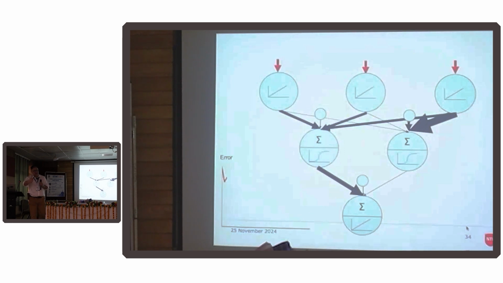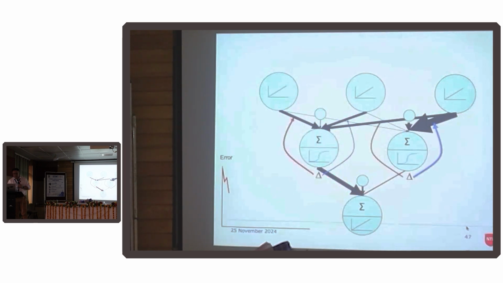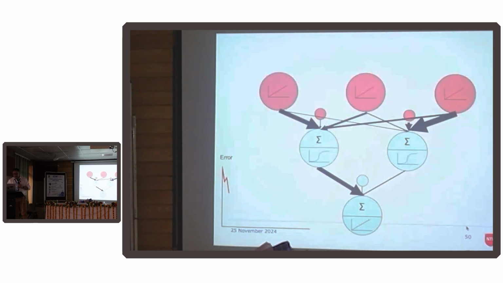So we keep going through cycles of feed forward and back propagation. And when every individual in the population has been considered, we have completed one epoch. So we keep cycling around, feeding forward, back propagating, making predictions. And the error keeps dropping, hopefully. And in this way, we are learning a solution to the model.